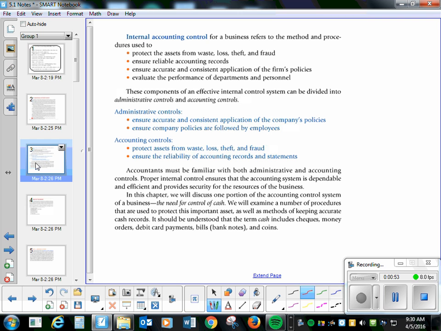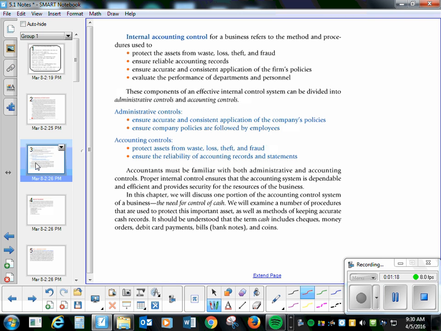Internal accounting control for business refers to the methods and procedures used. We need to protect the assets from waste, loss, theft, and fraud. We need to ensure reliable accounting records, ensure accurate and consistent application of the firm's policies, and evaluate the performance of departments and personnel. These components of an effective internal control system can be divided into two: administrative controls and accounting controls.